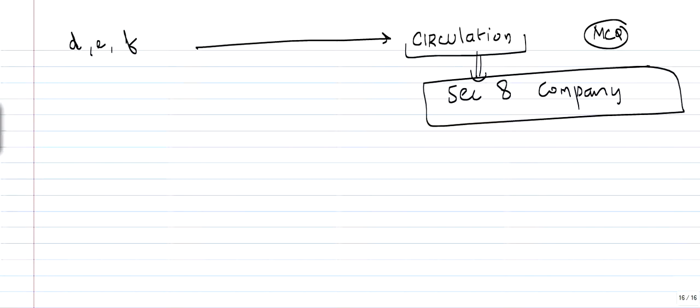D is borrowing, E is investment, F is granting loans or a guarantee or a security. So this is a very important point. Circular resolution is not possible for any other company except for a Section 8 company. Borrowing, investment, granting of loan is possible through circulation.